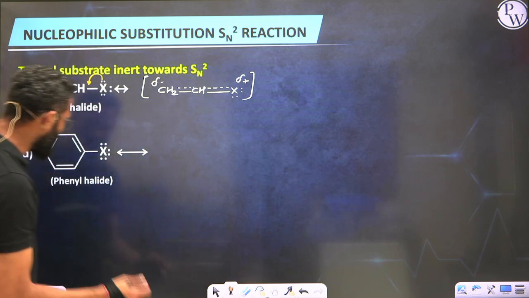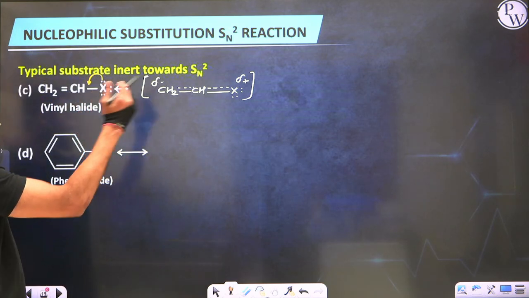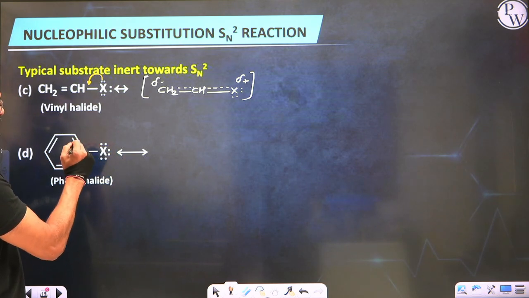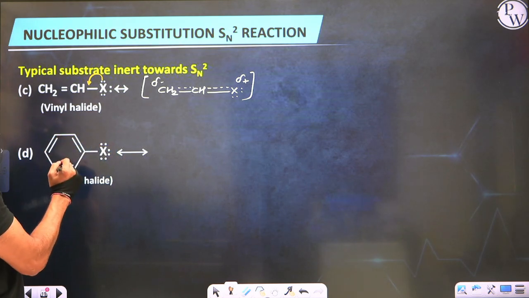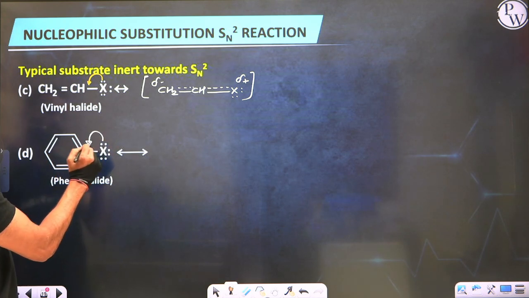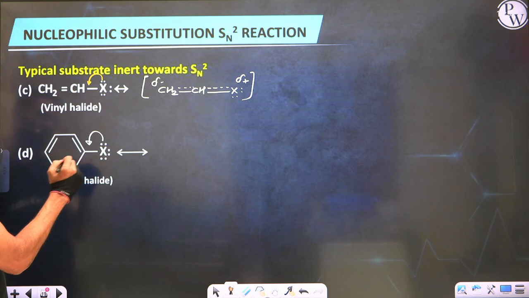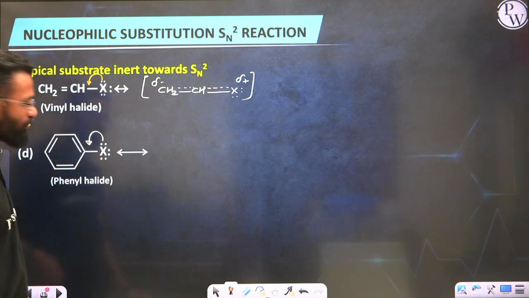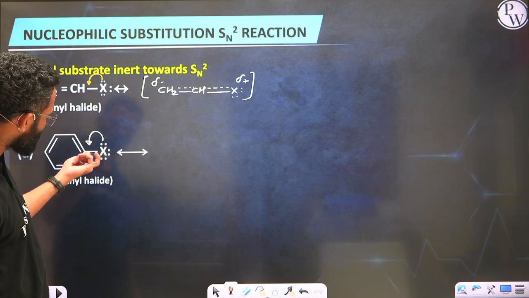The same thing will happen in the case of phenyl halide, but to an even greater extent. Because now the lone pair is not just in conjugation with one pi bond, there is further conjugation of 2 more pi bonds as well. So there is extended conjugation, pi alternate pi alternate pi. So development of pi bond character will be even more. The more the pi bond character, the shorter the bond length.